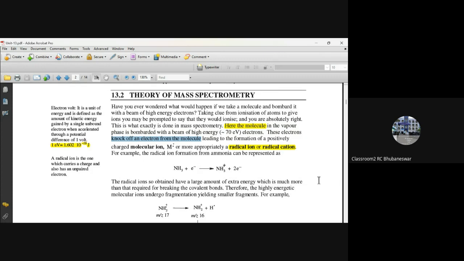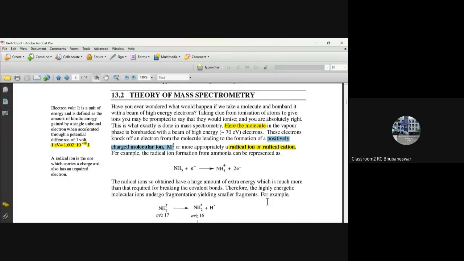This high energy electron beam, which is bombarded on the vapor phase of the molecule, knocks off an electron from the molecule, leading to formation of a positively charged molecular ion.